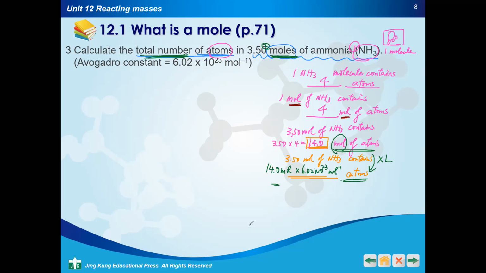Once you see the calculator, you may see the number: 8.43 times 10 to the power 24. Yep. So the units: atoms. You can just say atoms or simply no unit, because I just asked for a number. Is that clear?